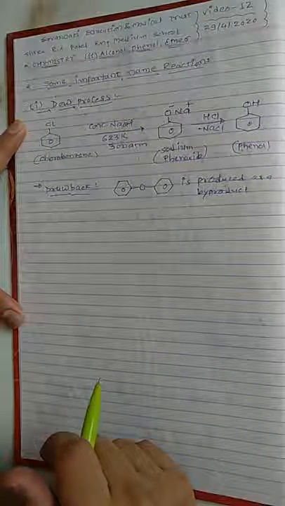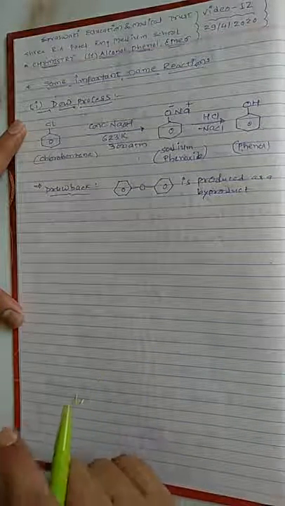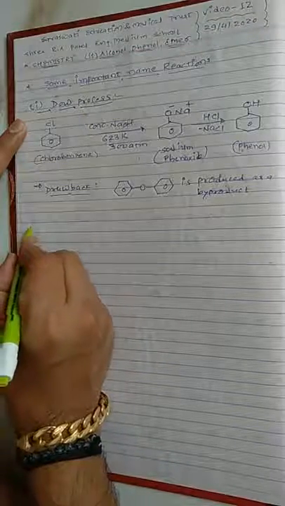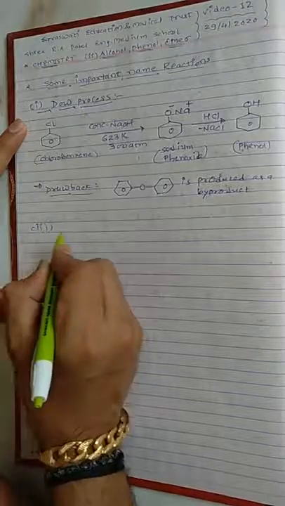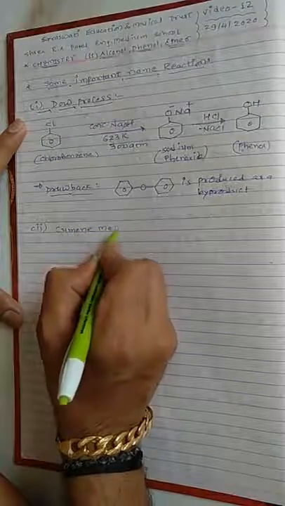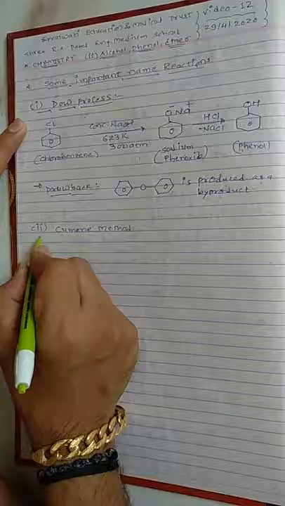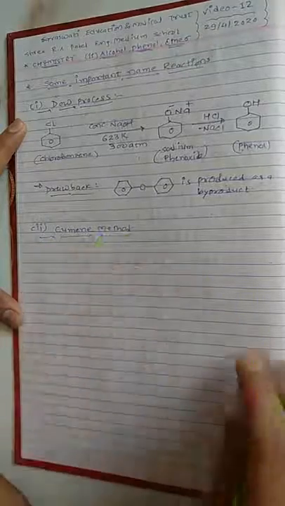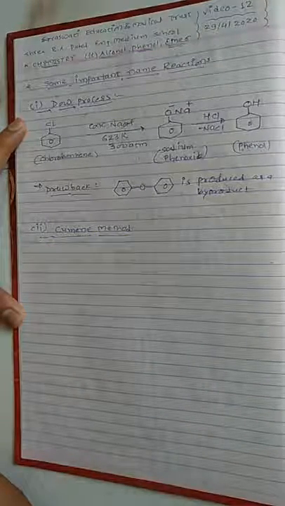Now we will discuss a second well-known method which is called the Cumene method. It is very important. In your textbook, the Cumene method is given from the half portion, but we will start from the very beginning.